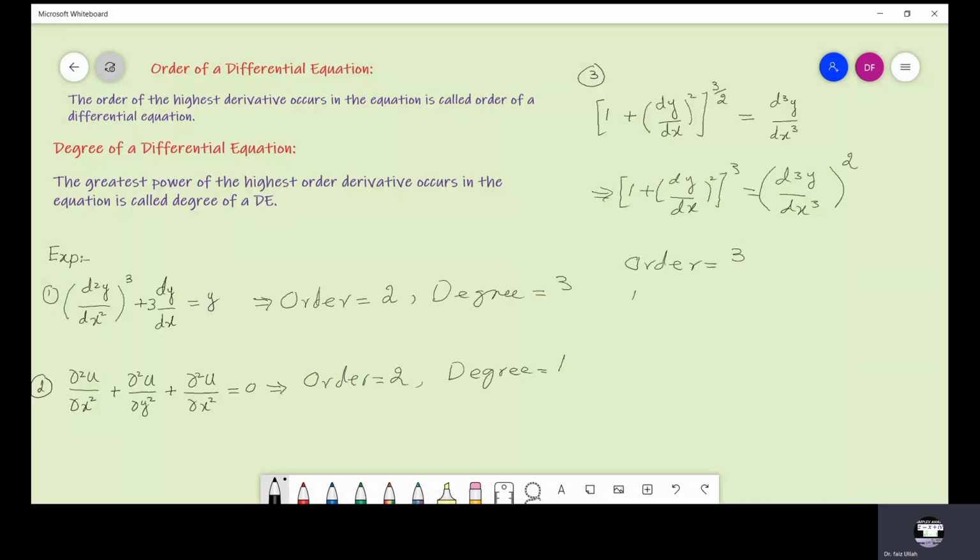Now degree of this differential equation. So the power of the highest order derivative. The highest order derivative is d cube y over dx cube and its power is 2. So degree of this differential equation is 2.